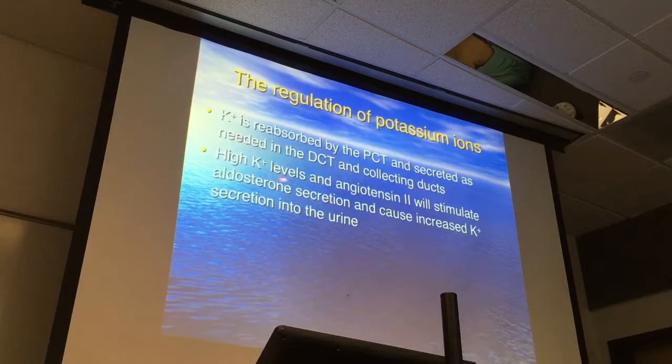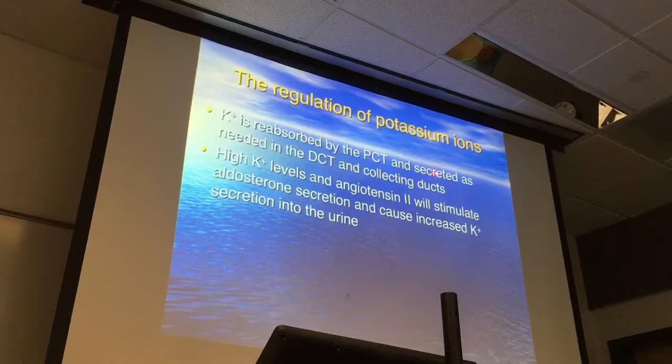So when you have a high potassium level, you're going to lose a lot more potassium. Normally, we reabsorb an obligatory amount every time, and then if it's too high, it's going to be secreted.